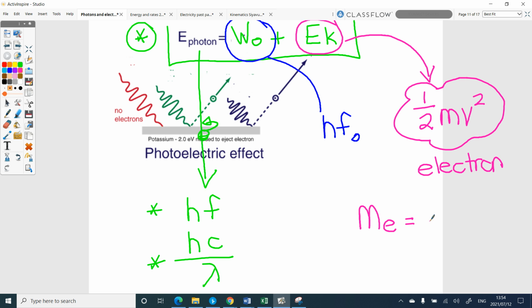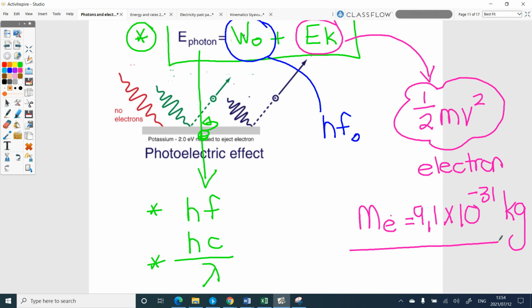Mass of an electron is 9.1 times 10 to the minus 31. What's the unit? Kilograms.